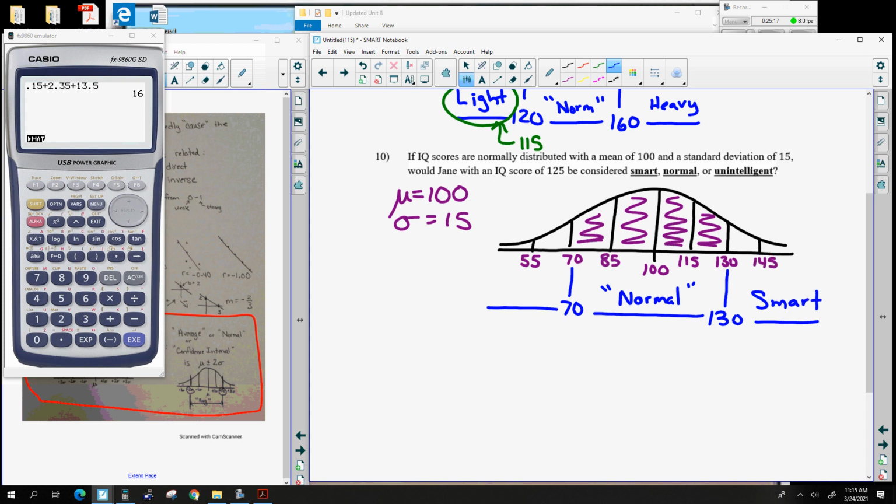If you're less than 70, that would be considered to be unintelligent. Let's see, Jane comes in at 125. 125 is about there-ish. 125 is below 130, so Jane is considered to be normal.